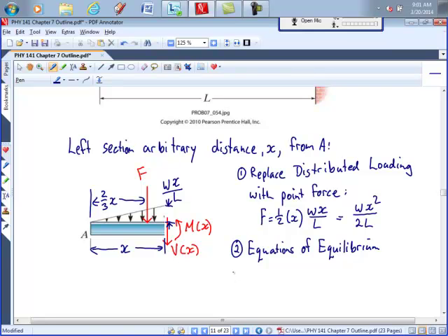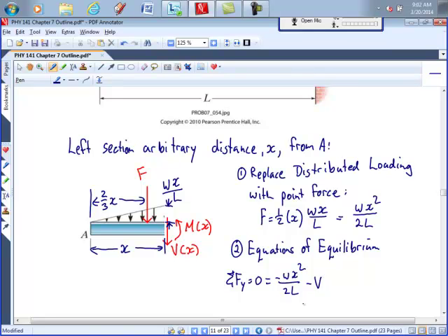The equations of equilibrium are net force in y equals 0. What have we got going in the y direction? Right, so I've got minus Wx squared over 2L, and I've got minus V, assuming V was a positive shear.